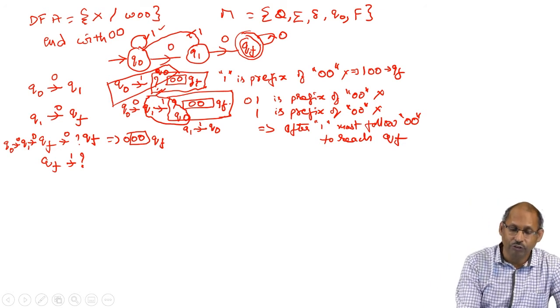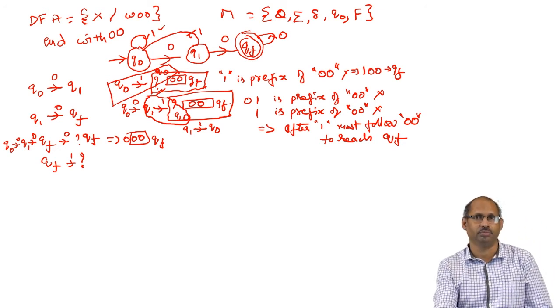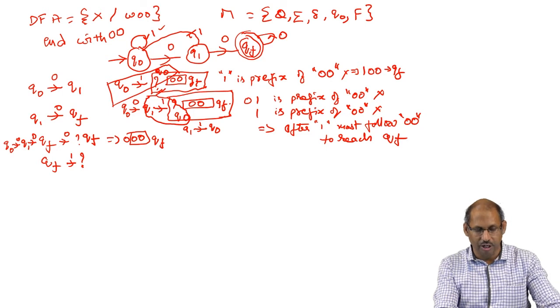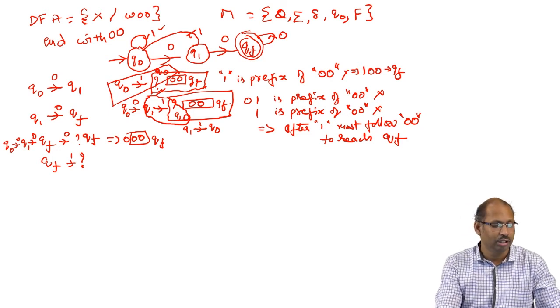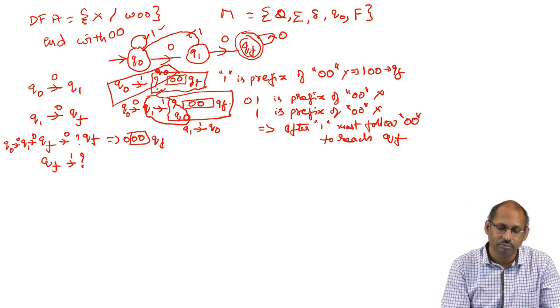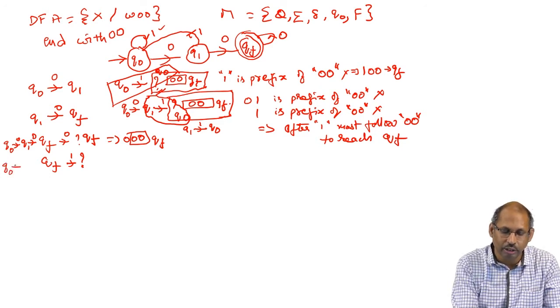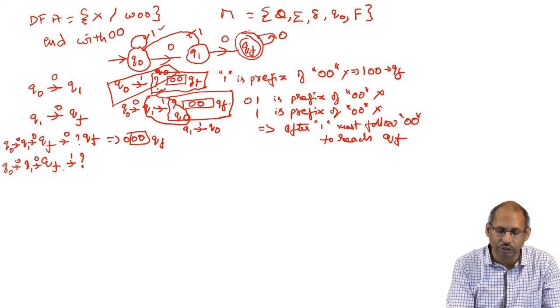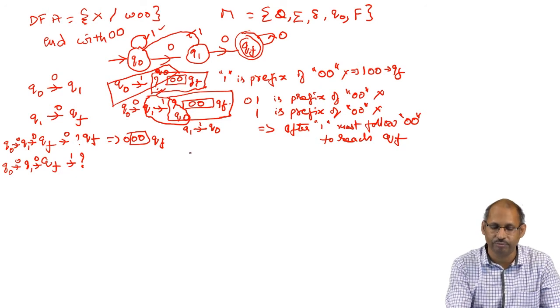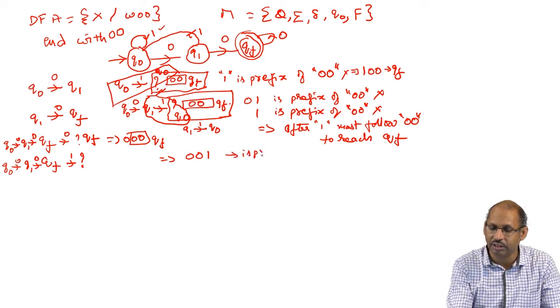Now we have to find QF on 1. How are we reaching the QF? Q0 on 0 is Q1, Q1 on 0 is QF, and QF on 1 we have to find. So what is it implying? Is 0 0 1 a prefix of 0 0?